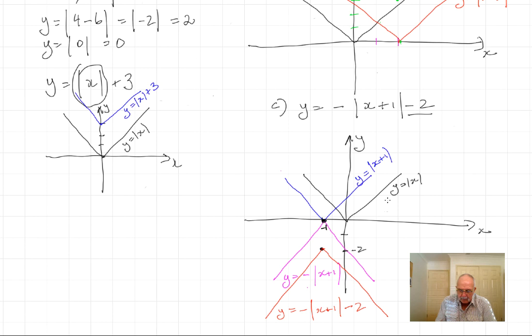So we started here with y equals the absolute value of x. Then we've done the horizontal shift. It's plus 1, so we go to the left 1, and we end up from 0 back to negative 1. The negative out the front flips the blue one upside down into the purple one here, and then the minus 2 moves the whole graph down 2 units.